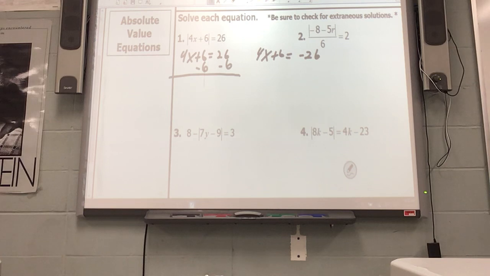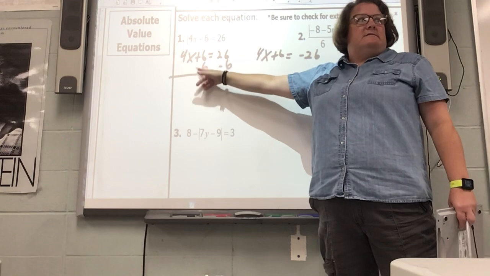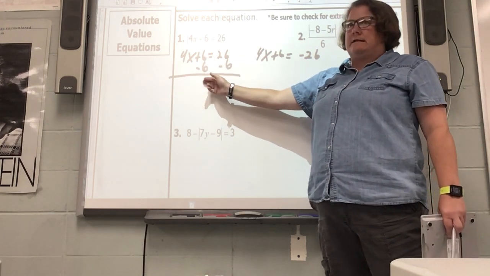What did you do when you added an opposite and it got 0? The key word was opposite. Inverse property. So right here, subtracting 6 is the same as adding -6, isn't it? So we just use the additive inverse property to make that a 0.